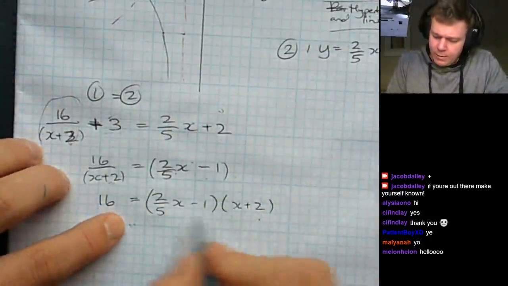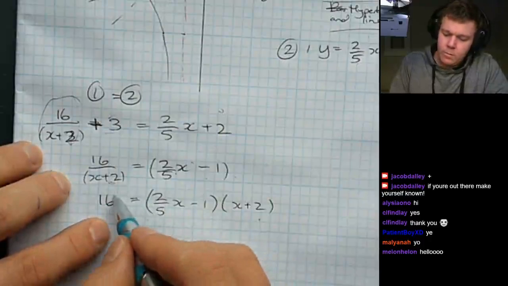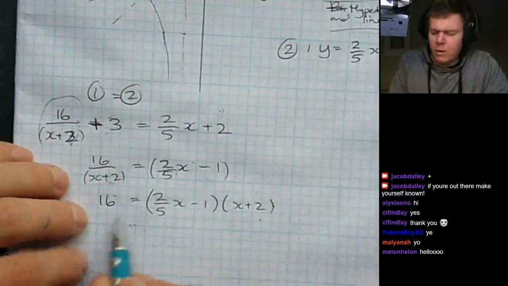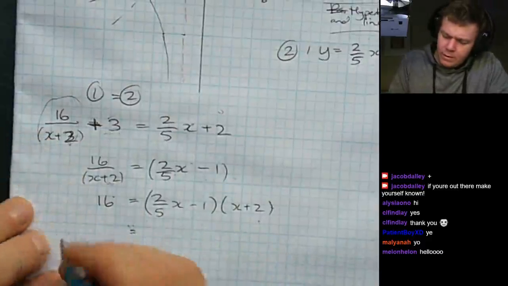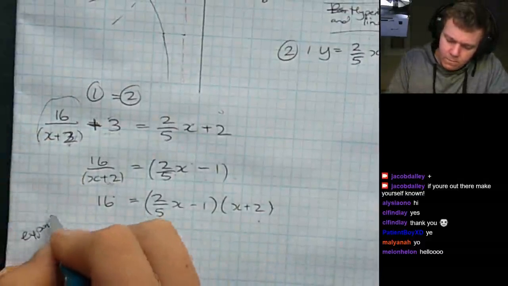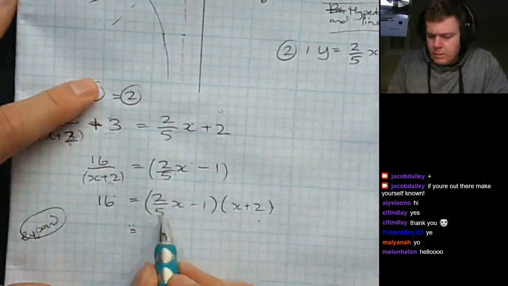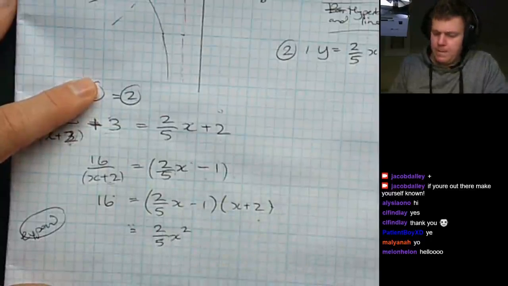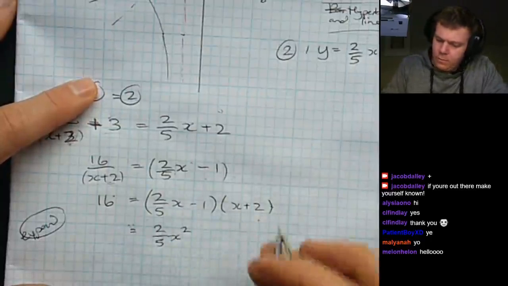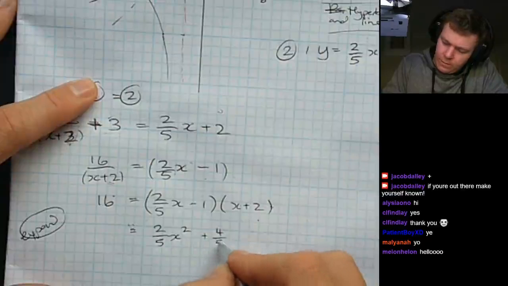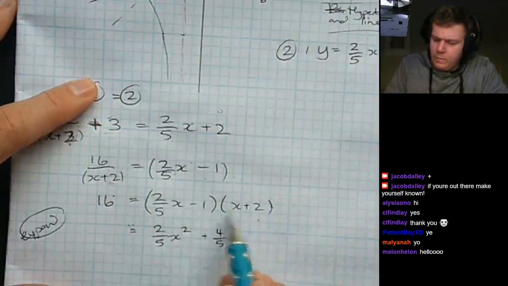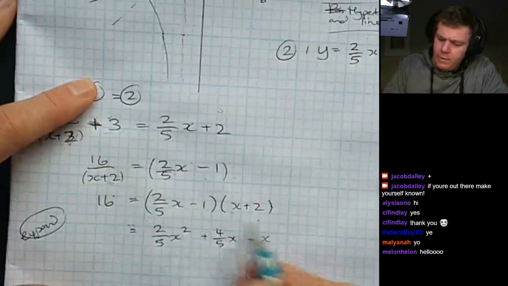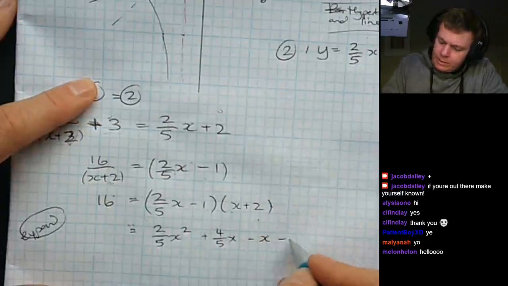So let's expand this and put the 16 on the other side, because remember we want our equation to equal 0. Oh, I might just leave that for now. We'll just expand first. 2/5 x times x makes 2/5 x squared. 2/5 times 2 is going to be 4/5 x. Negative 1 times x, negative x. Negative 1 times positive 2 makes negative 2.